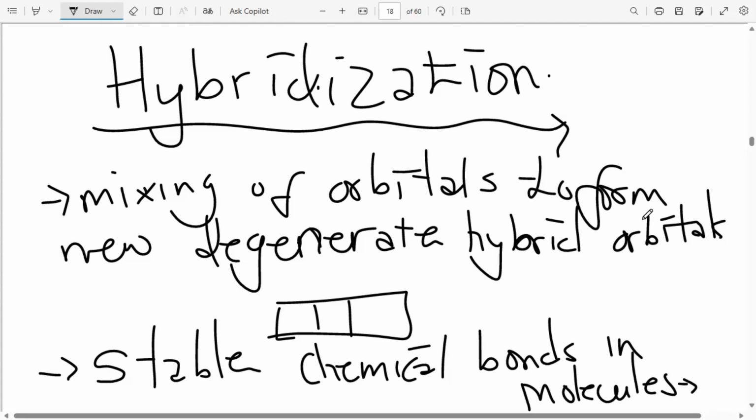So when we have hybridized orbitals, these are specifically formed with a specific shape and orientation, and they allow for the most suitable pairing of electrons in chemical bonds, hence leading to very stable chemical bonds in molecules.